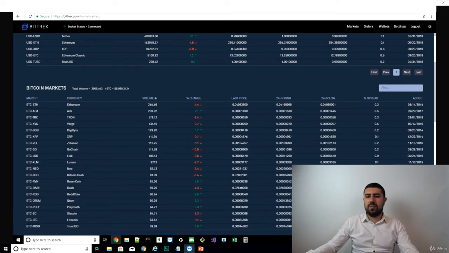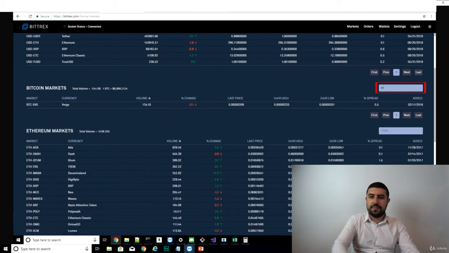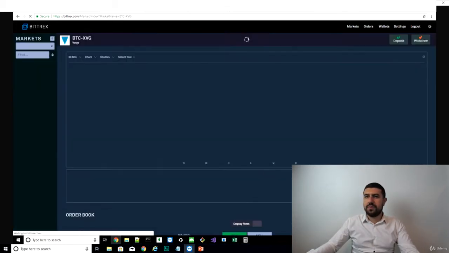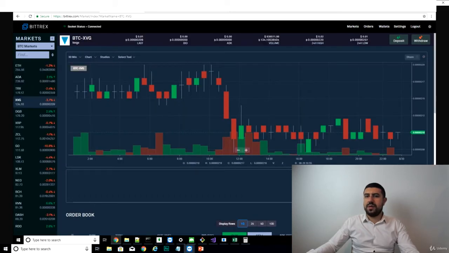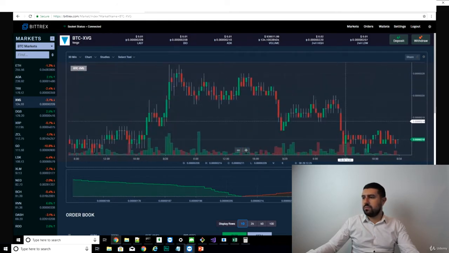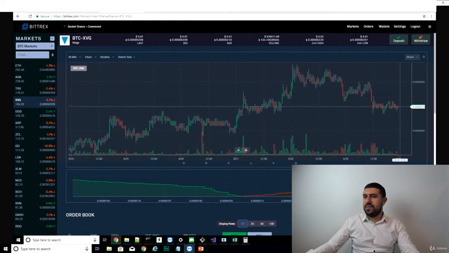Which one did we say we want to buy? We said we wanted to buy Verge, XVG. So here we go. Just click on this one. It brings me to the trading page, and then I can see the chart. Okay, so this is the price of XVG based on Bitcoin, right?